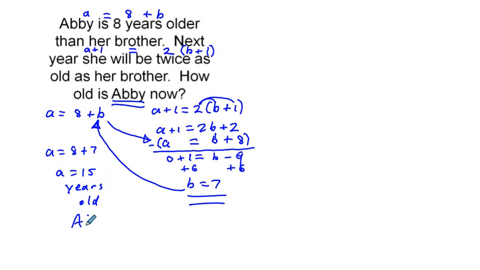So Abby is 15 years old. And then just to check, you can see, well, if brother's 7 years old now and Abby's 15 years old now, then next year Abby will be 16, her brother will be 8 years old. So that's going to be our answer.